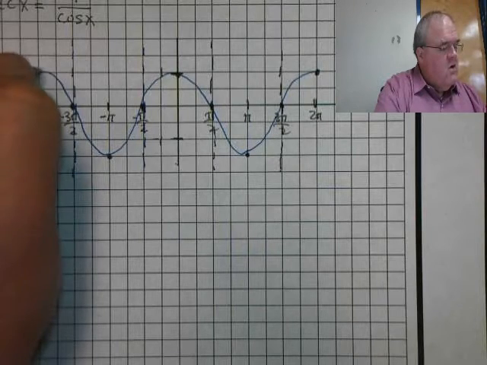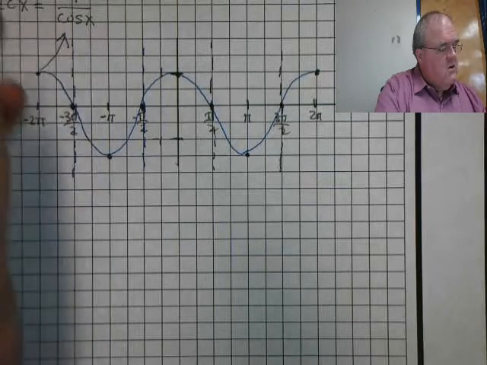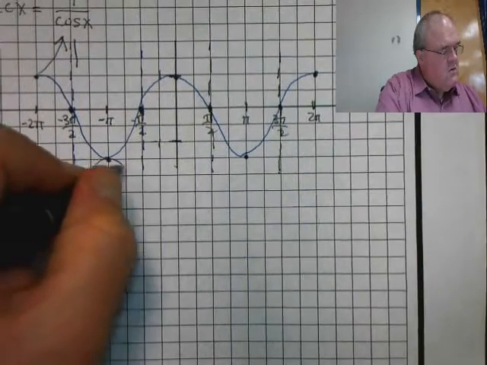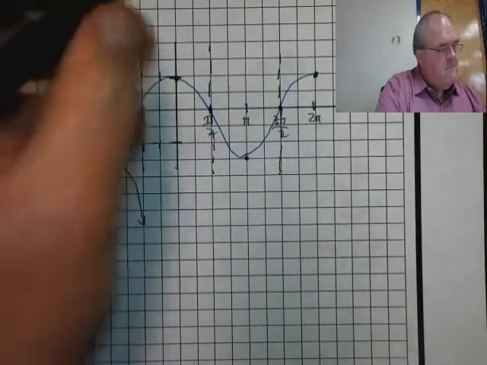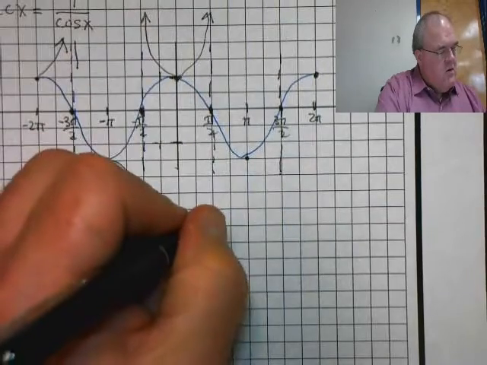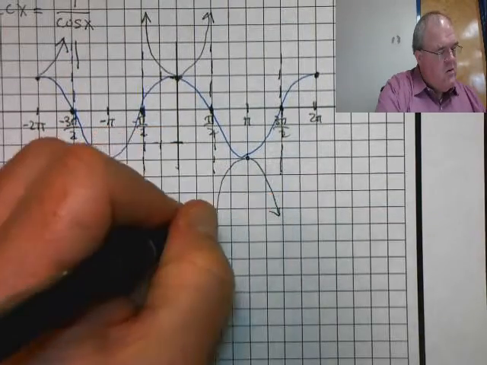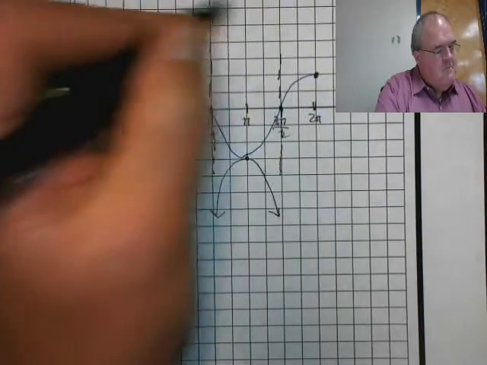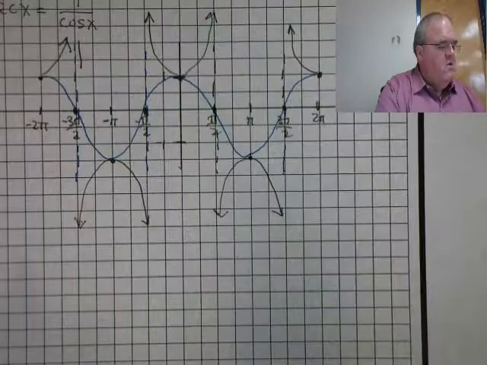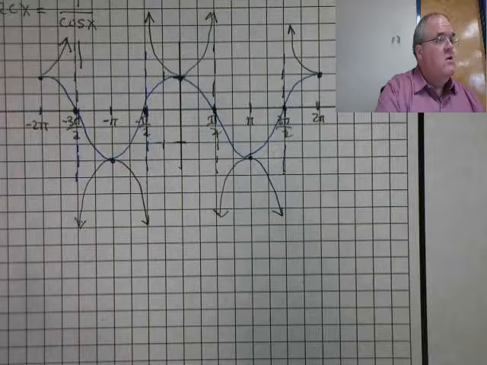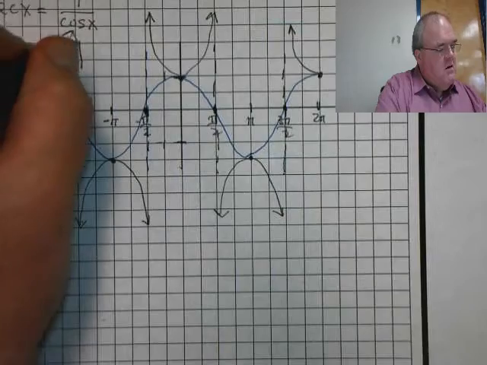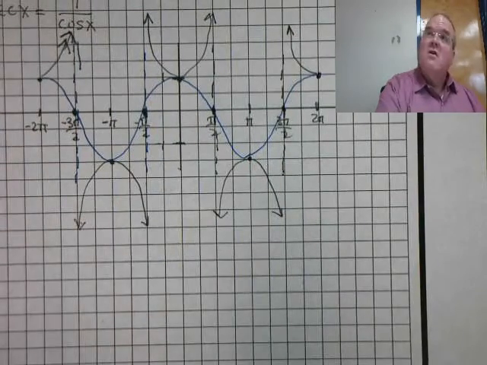So our secant curve is going to look like this. So that's what our secant curve is going to look like. So this is the general form of the secant curve.